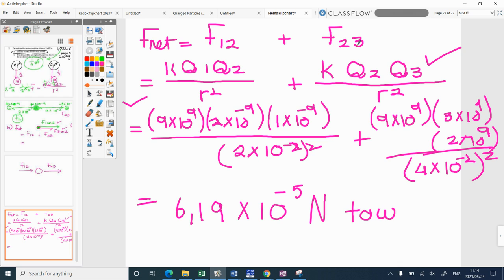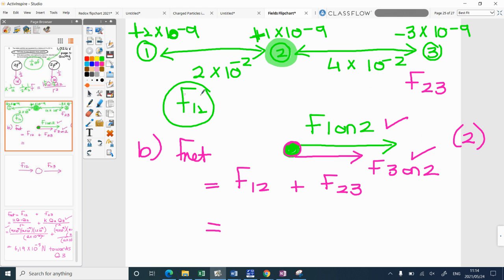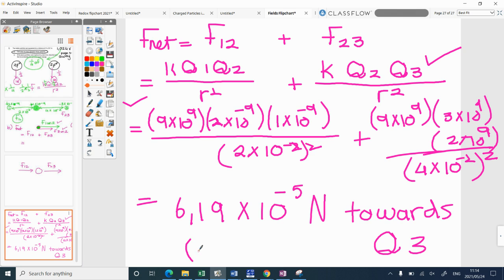You can always refer to your own diagram, and I think most of you drew diagrams. So if you said towards Q3, that would be perfectly right for this one. But if you drew a nice diagram like this one that we drew here, and on your diagram it's clear that it's to the right, then you can say to the right. That's why it's always beneficial to draw a diagram.